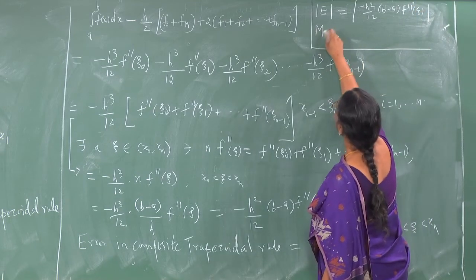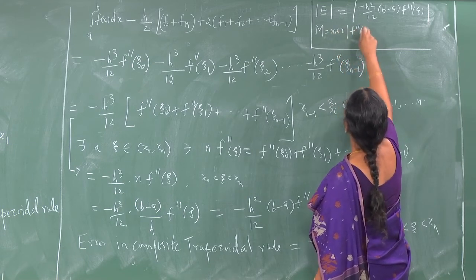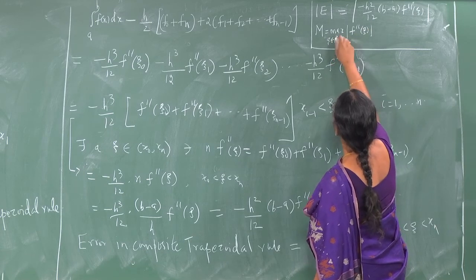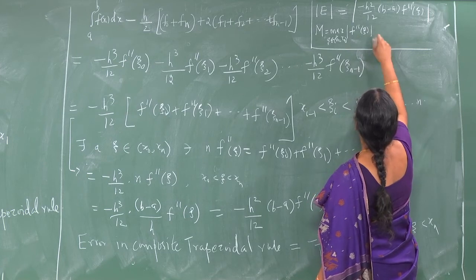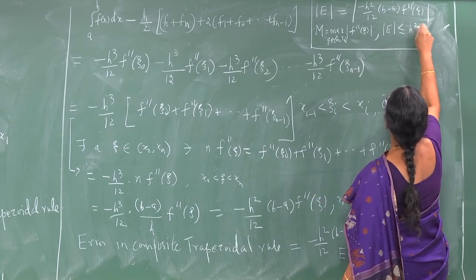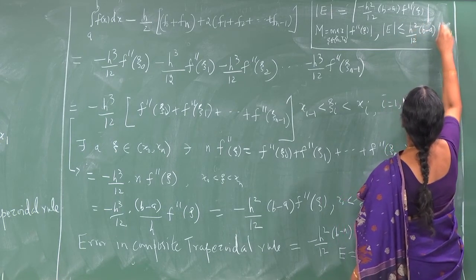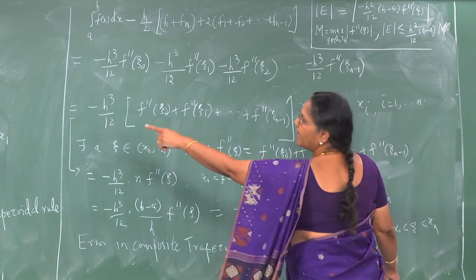So, suppose capital M is the maximum of f double dashed of psi for psi in the interval x naught to x n, then I have E to be less than or equal to h square by 12 into b minus a into capital M.